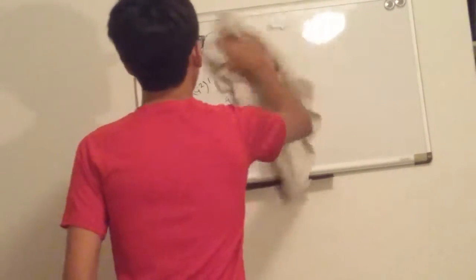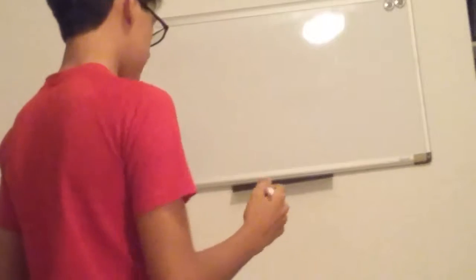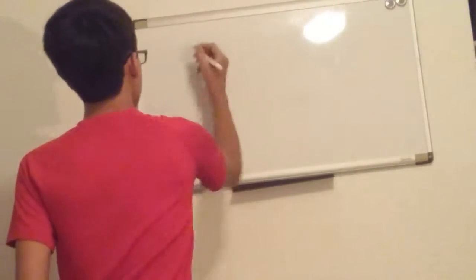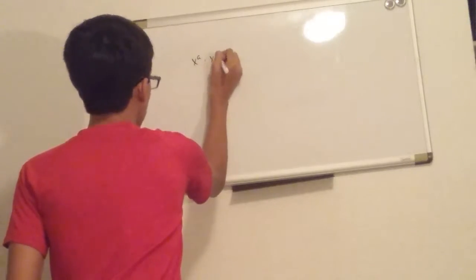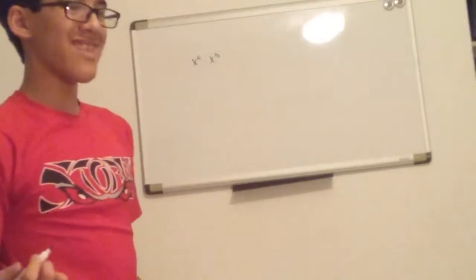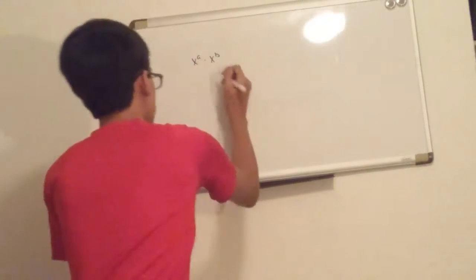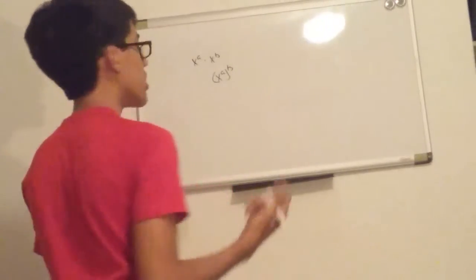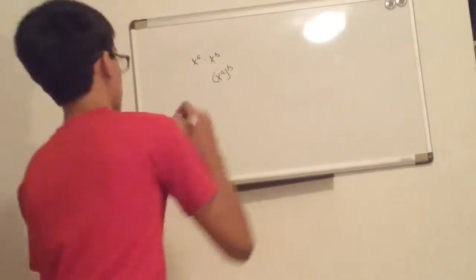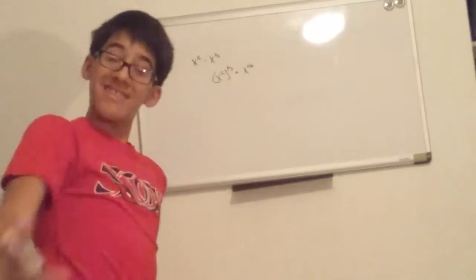Let's try this: x to the a times x to the b. Now, you would say, oh, can't we just do the same thing, x to the a to the b? No, that wouldn't work, because what you would be doing there equals x to the ab. That's not going to work out.